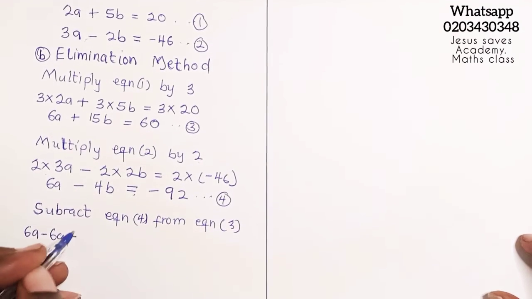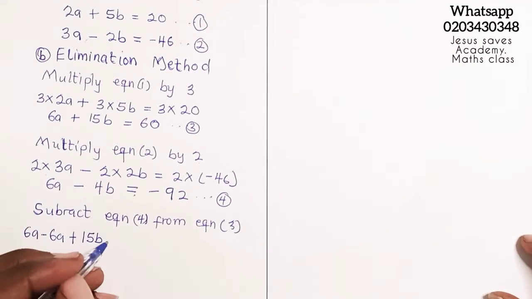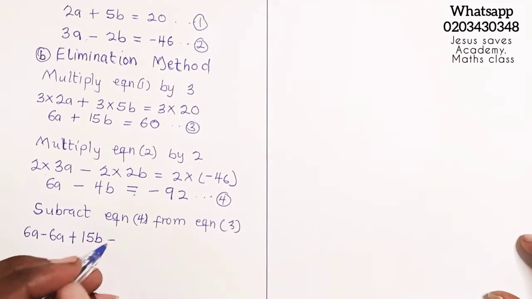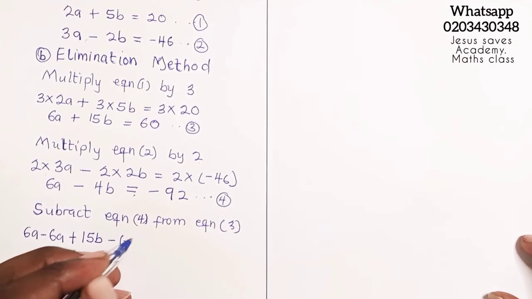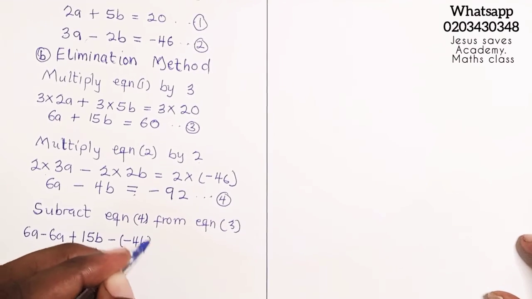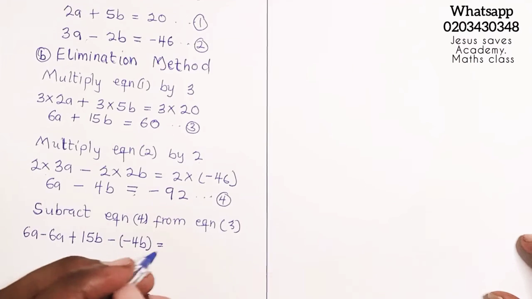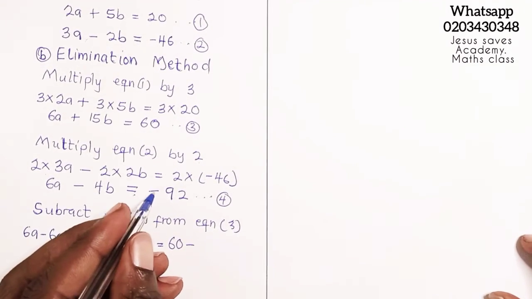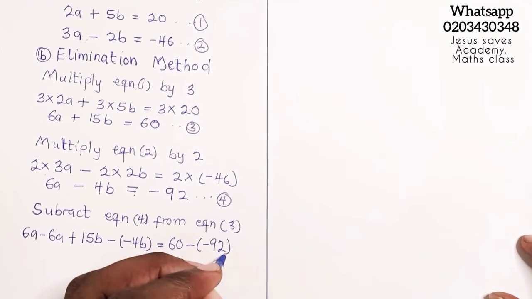Then we have plus 15b minus, this one is already minus so we put it in brackets, minus 4b is equal to 60 minus 92.